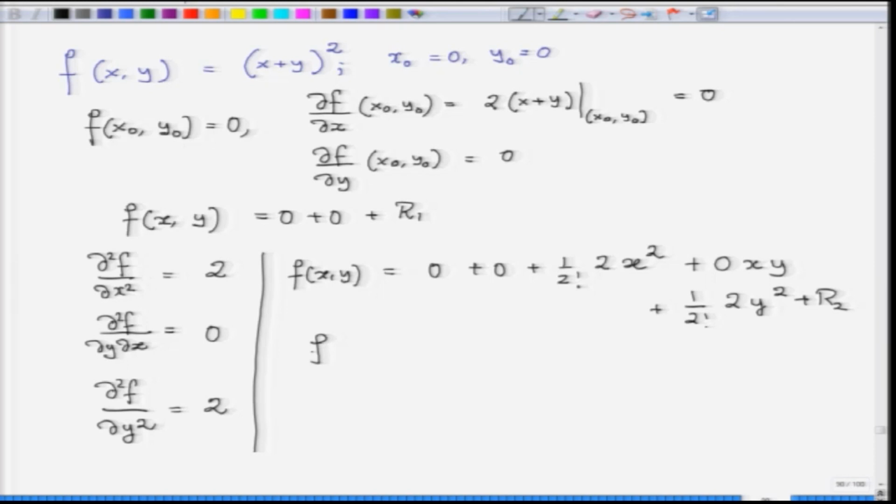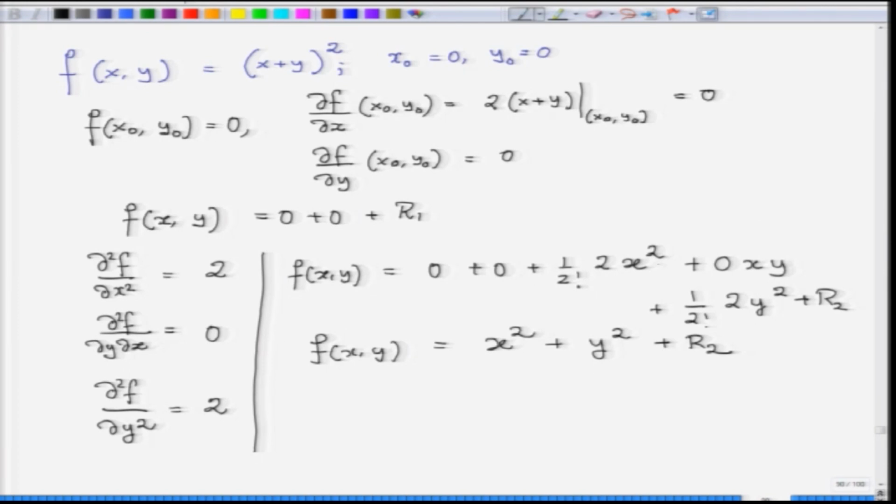So, f x y is x square plus y square plus R2. This is the second order approximation, right.